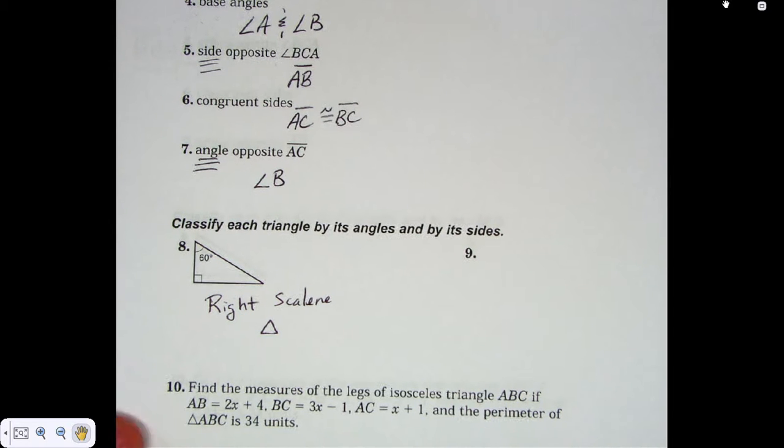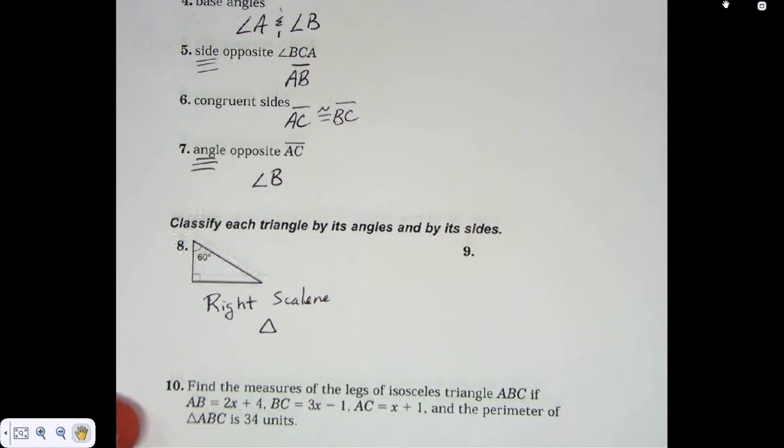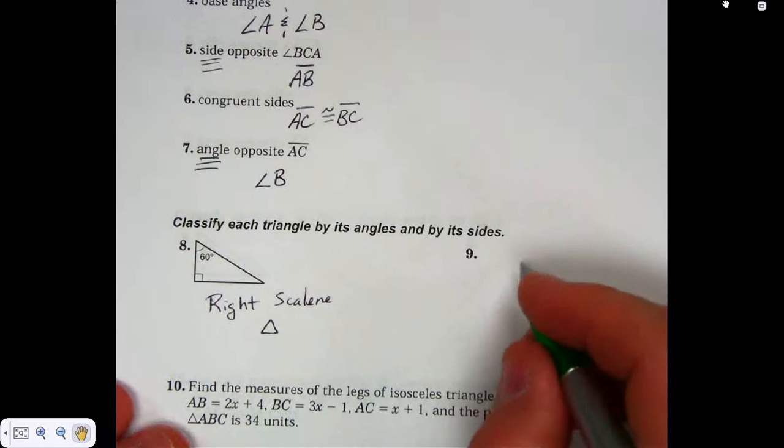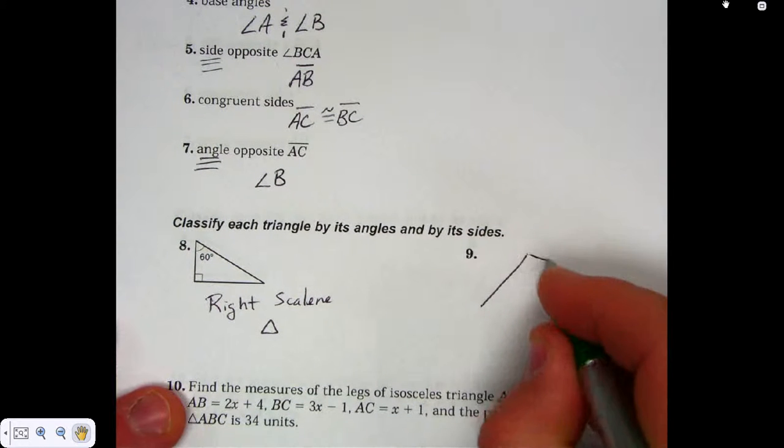Now, I think there's a misprint here. For some reason, there is no triangle here, so how about I draw a nice, pretty one?